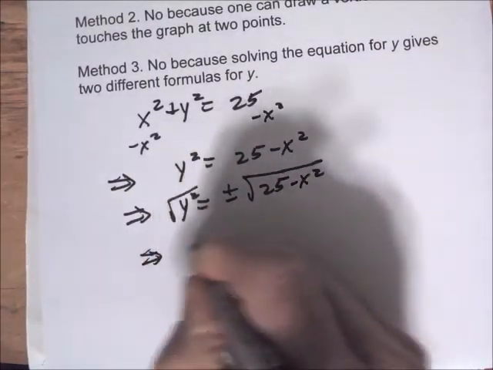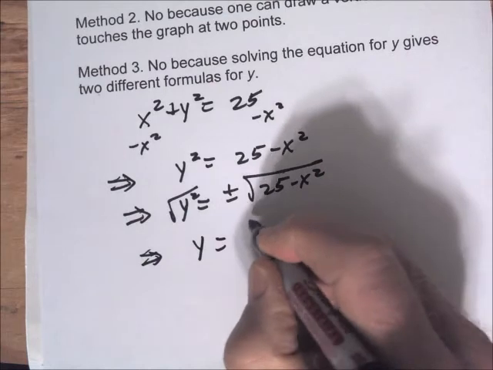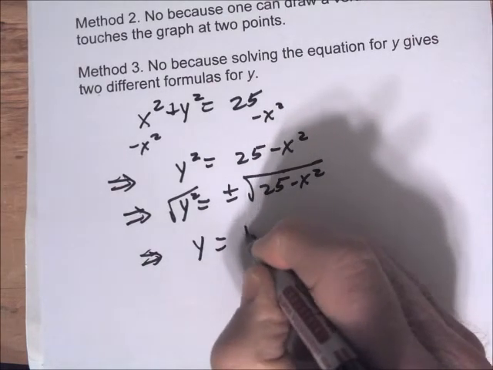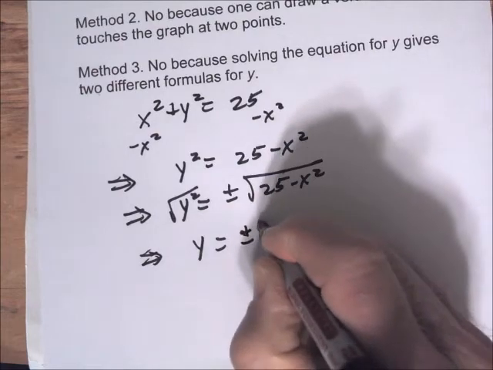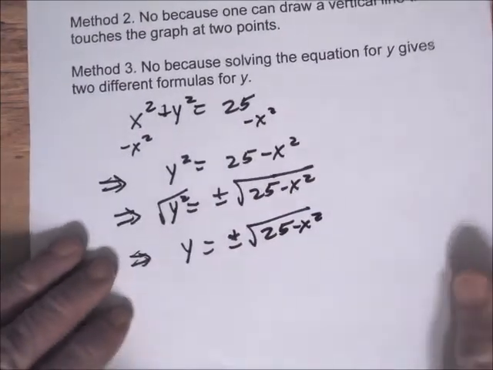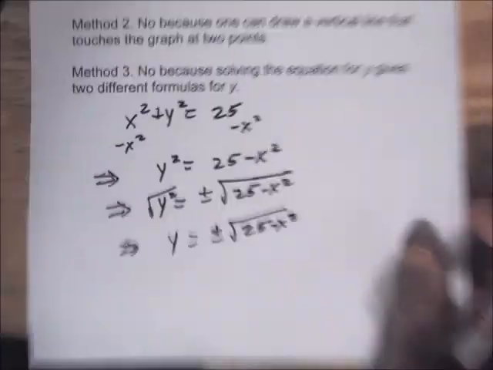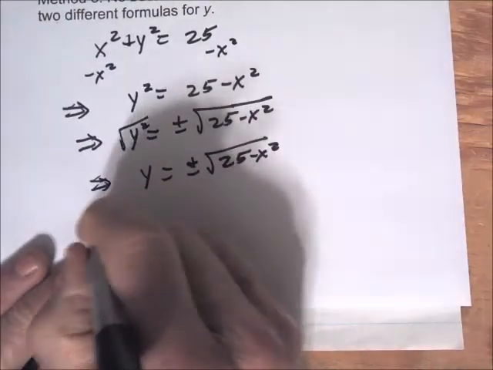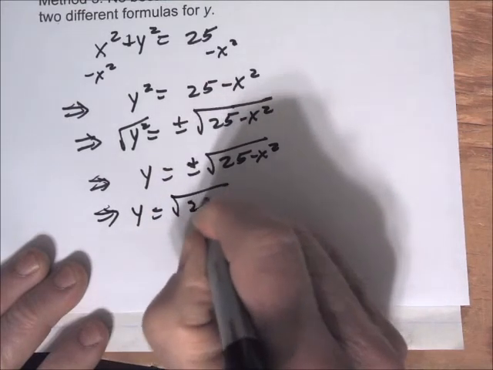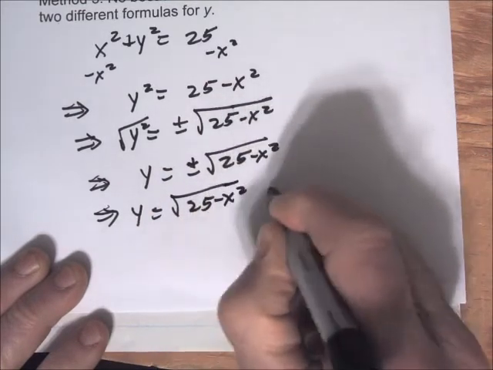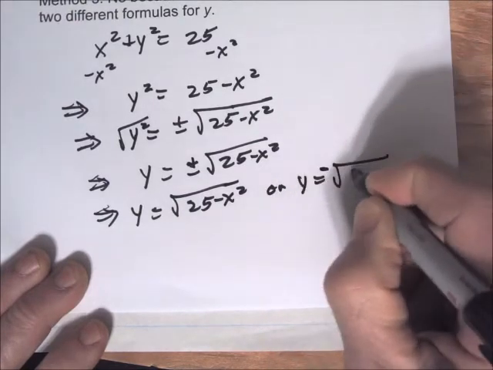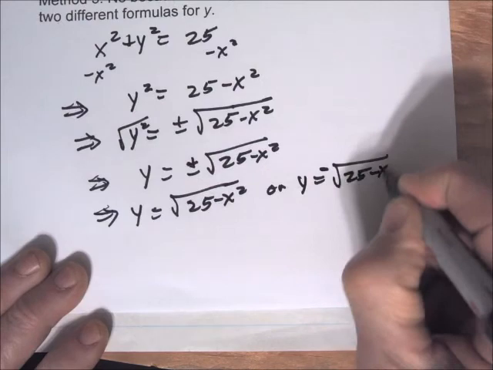The square root symbol only means the positive square root. So we want plus or minus square root of 25 minus x squared. So we actually have 2 different formulas for y. So y is equal to square root of 25 minus x squared, or y equals negative square root of 25 minus x squared.